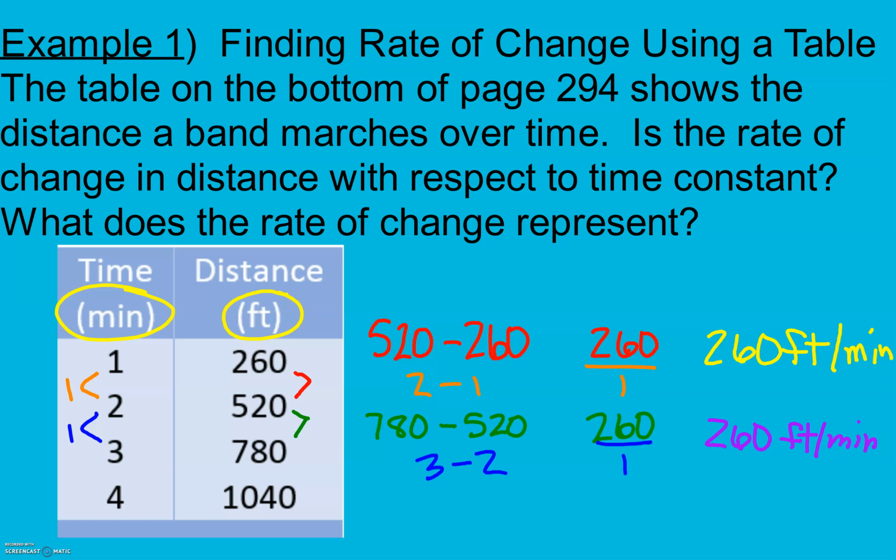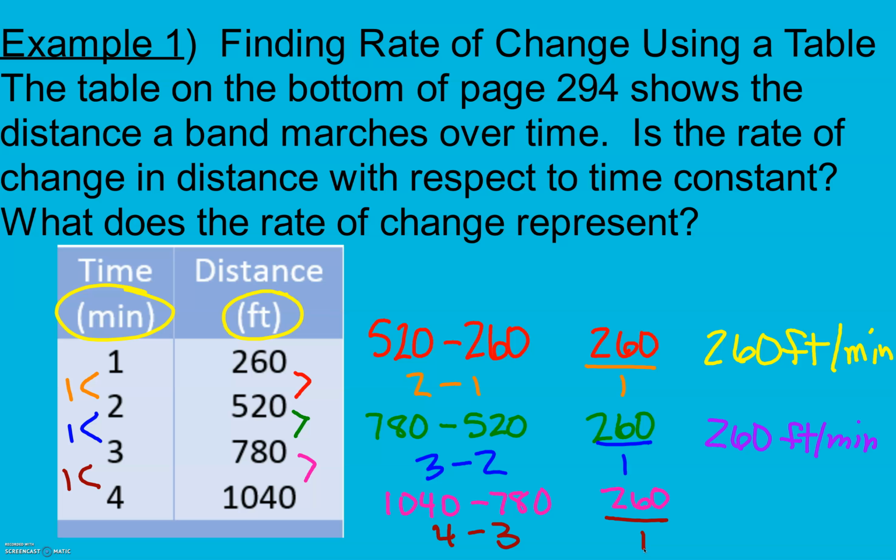My last interval here, I ended at 1040 and I started at 780. So to find my change, I subtract. I get 260. My time interval here is still 1 minute.